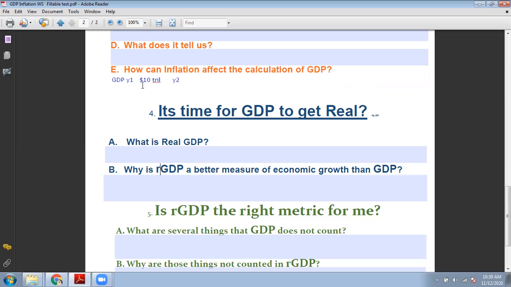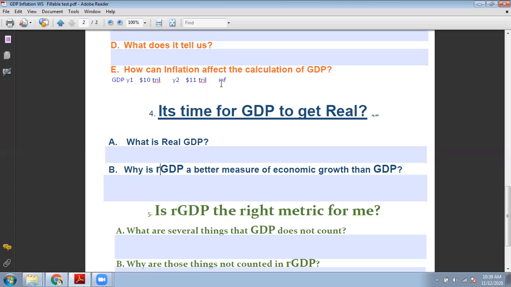Okay, so what is real GDP? It's GDP with inflation taken into account. So let's go ahead and look at this. Remember, year 1 to year 2, we made an identical amount of goods.